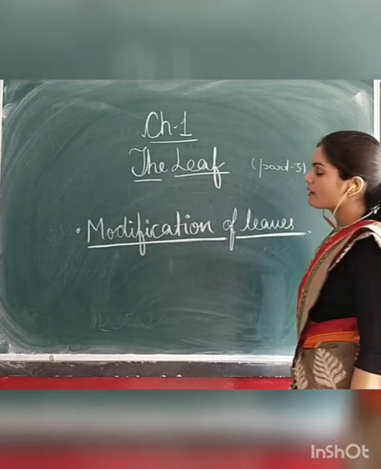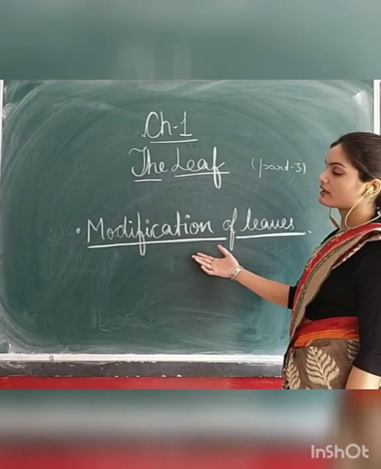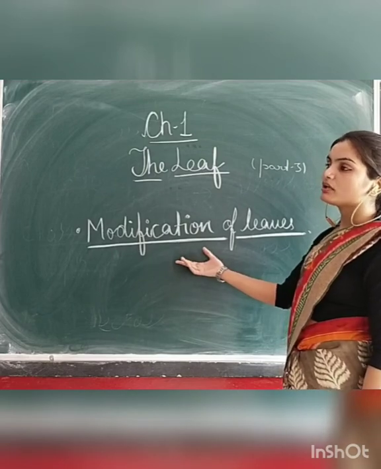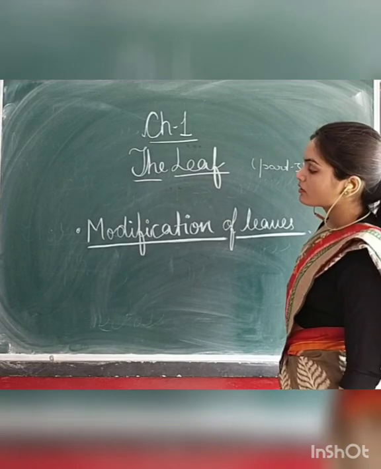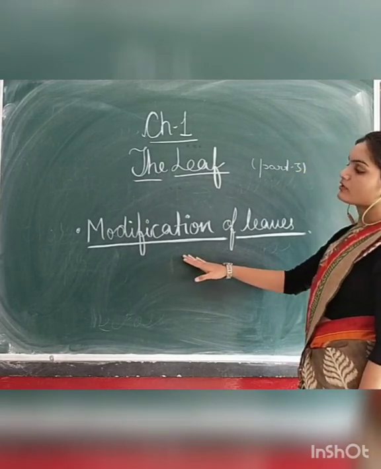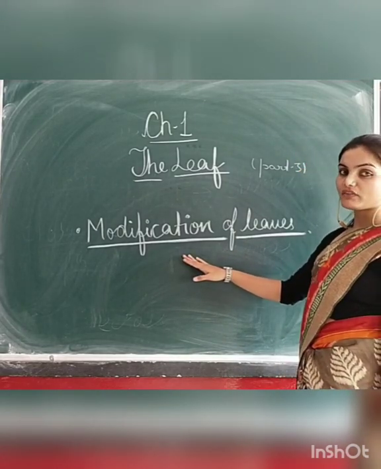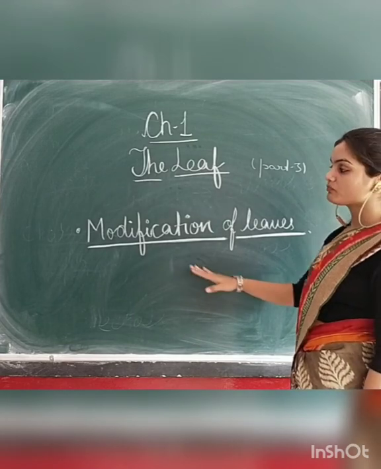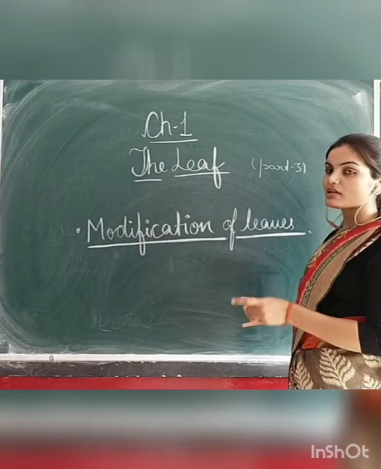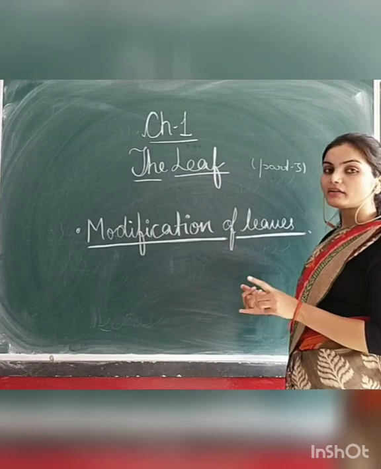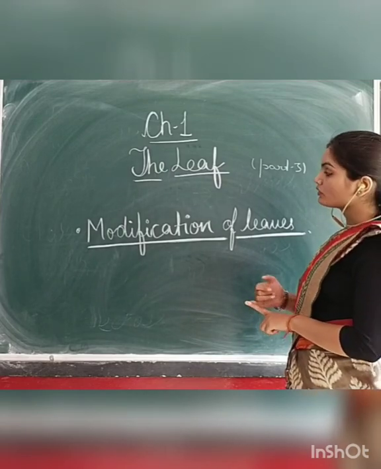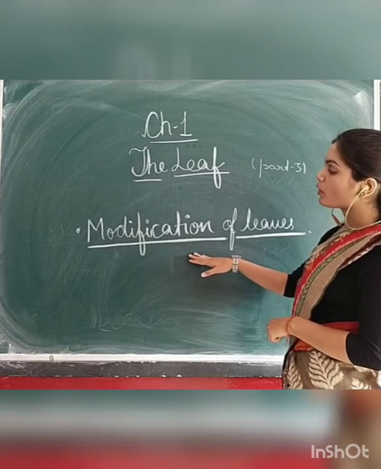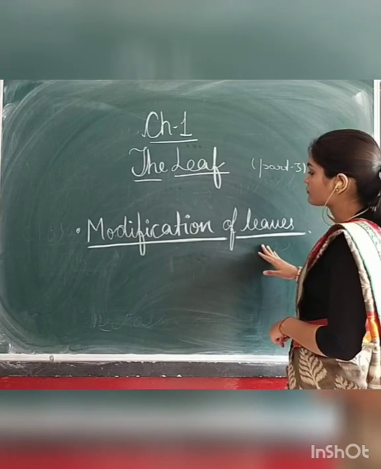Okay students, before starting this topic I would like to recall the topics we had studied earlier. We had studied the functions leaves perform: photosynthesis, transpiration and transportation. Now we are going to study modification of leaves.